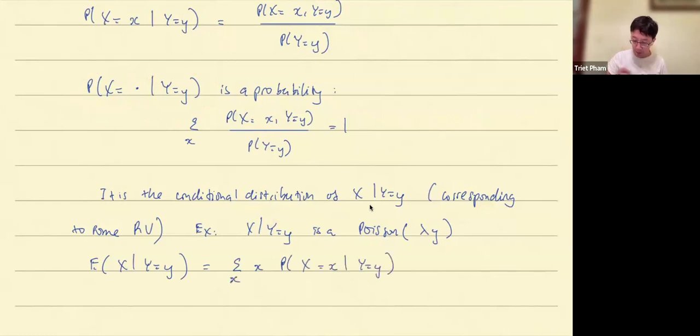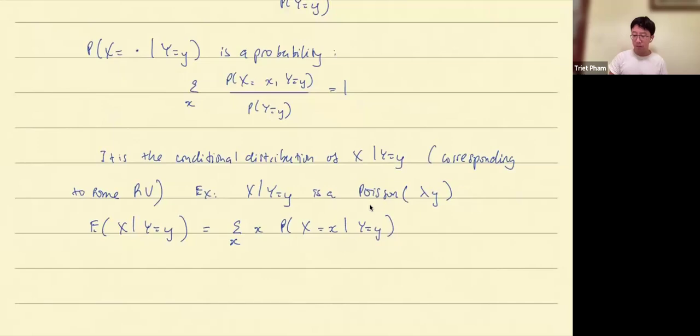It also has conditional variances, defined as expectation of x squared given y equals little y, subtract expectation of x given y equals little y, squared.